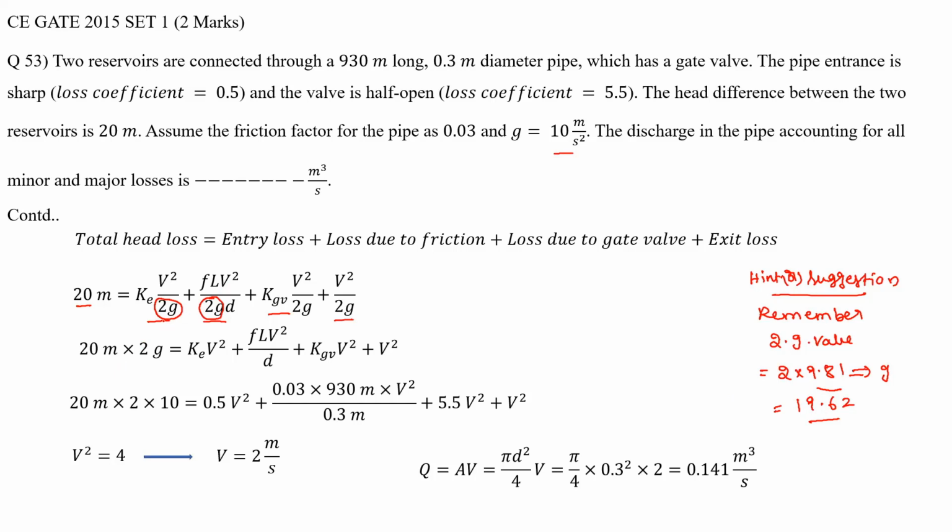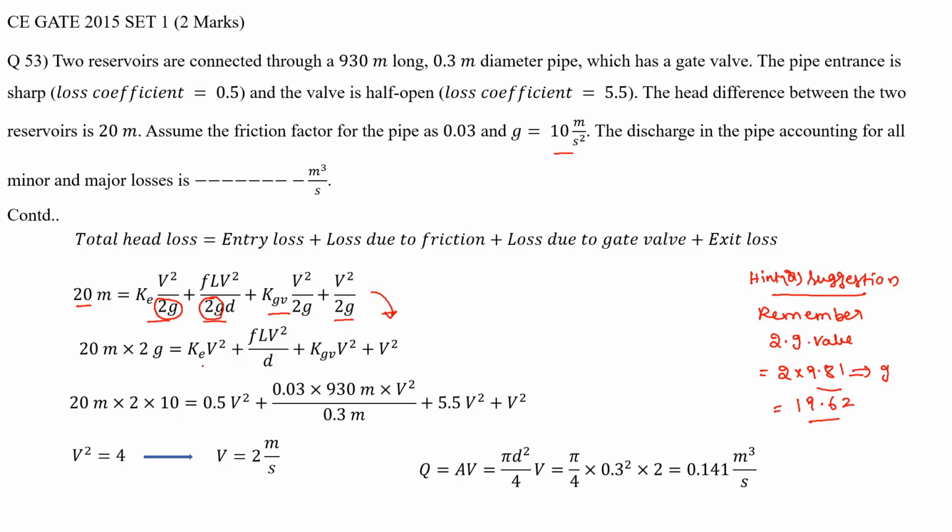Now what we do is bring this 2g to this side: 20 meters into 2g is equal to K V square plus f L V square by D, plus K_g V square plus V square. So you can see how I got this particular equation from this equation.